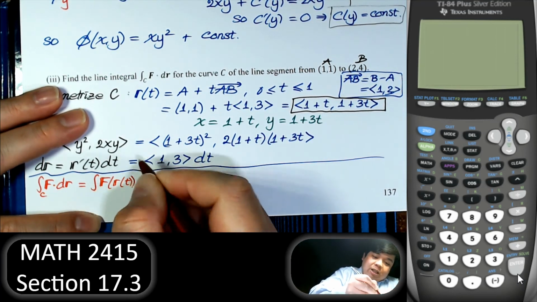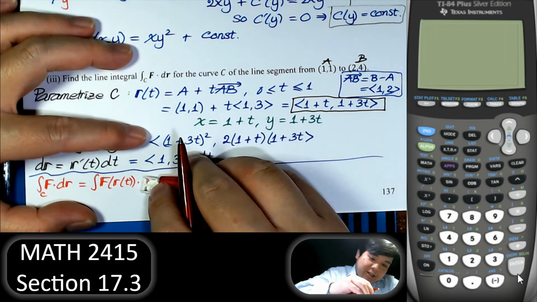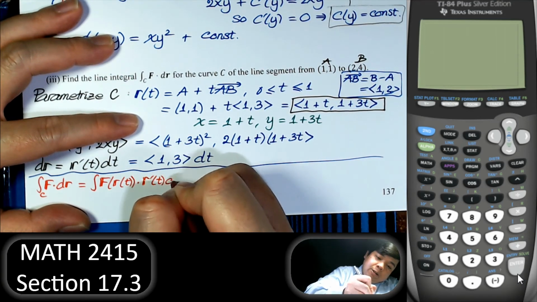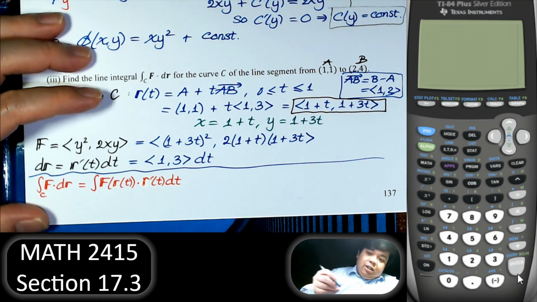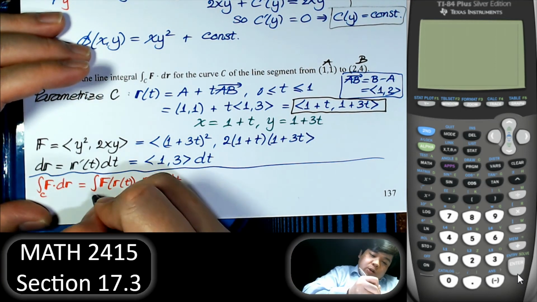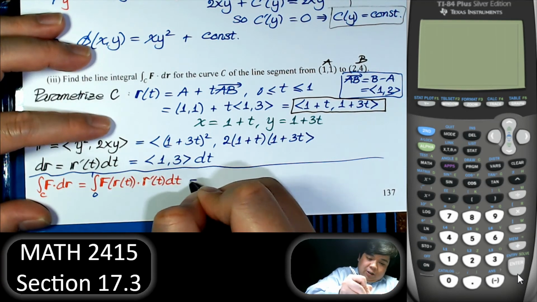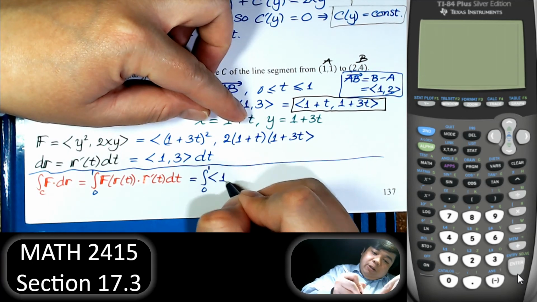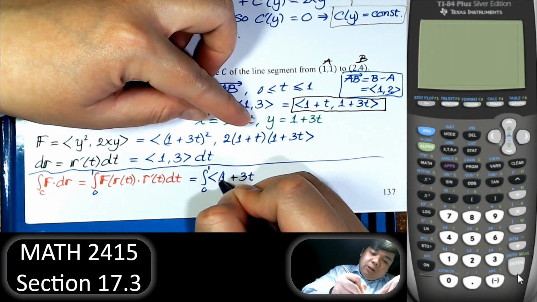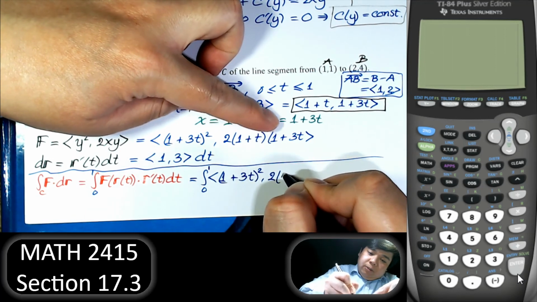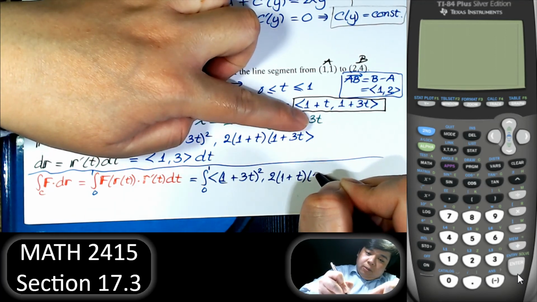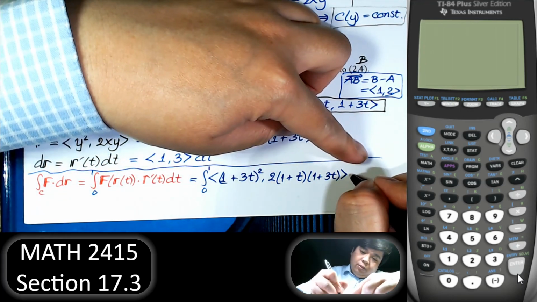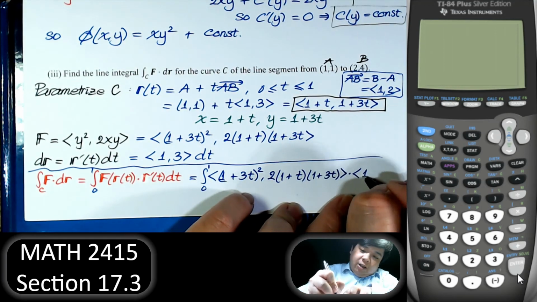Write F in terms of t dot r prime in terms of t, going from 0 to 1. So we have this vector field dot with this vector.